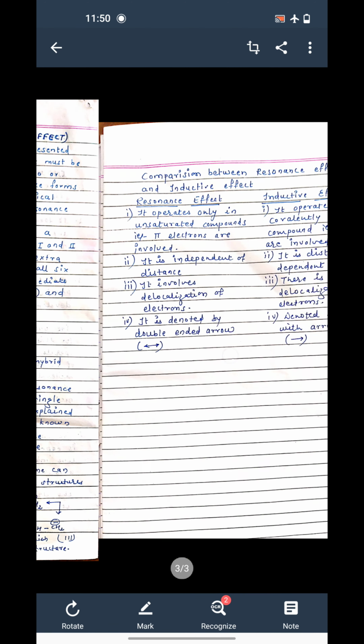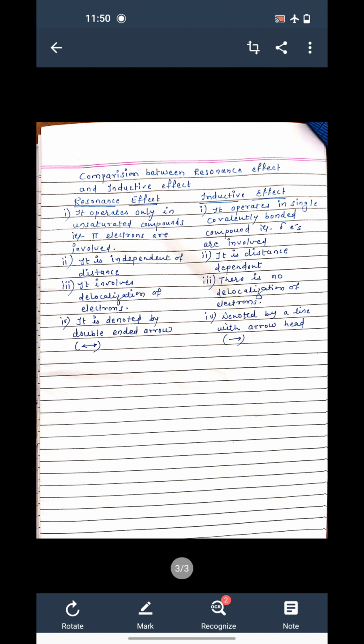Now how do we compare the resonance effect with the inductive effect? The resonance effect operates only in unsaturated compounds, meaning there should be pi electrons, but for the inductive effect it is not compulsory; we need only a polar bond. The resonance effect is independent of distance, but in the inductive effect, as the distance from the source increases, the effect decreases.